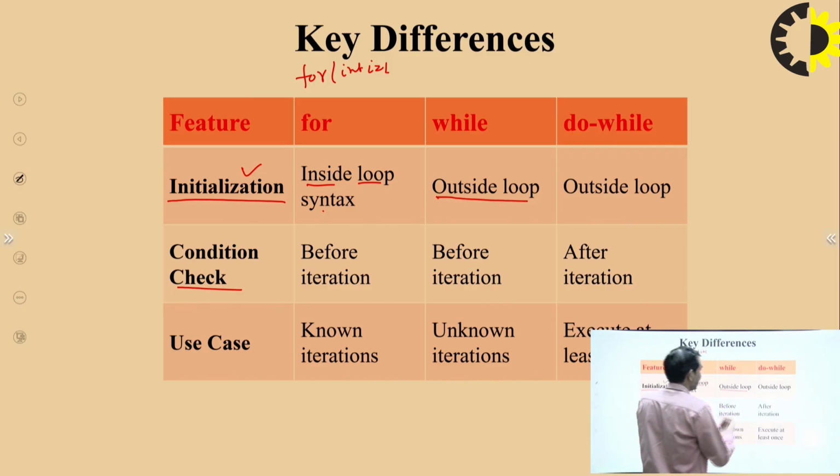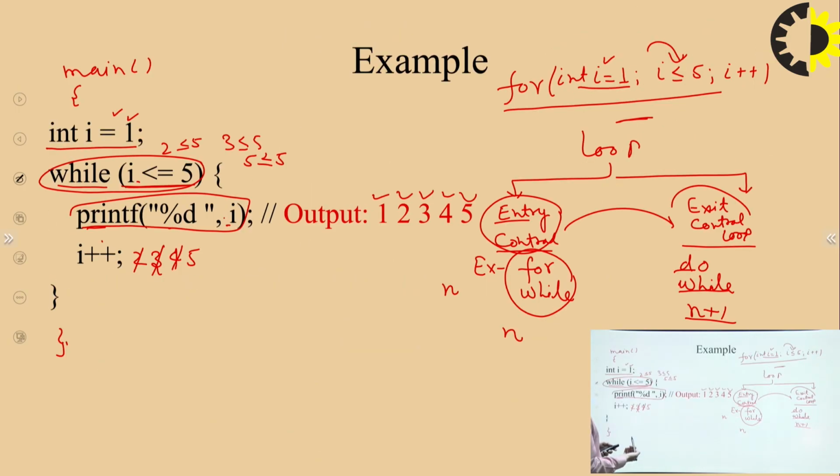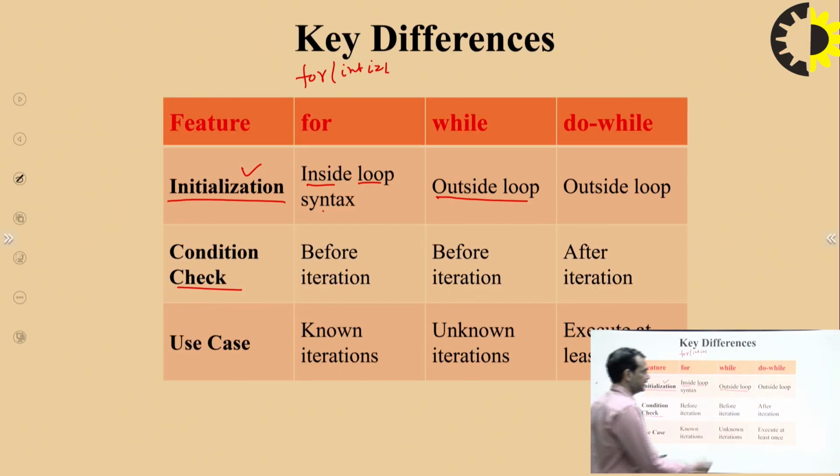Where do we initialize? Here we initialize outside the for loop. So here, where we initialize a variable int i equal to 1, we initialize before the for loop. So we can say that in the while loop we define or initialize a variable outside the loop.